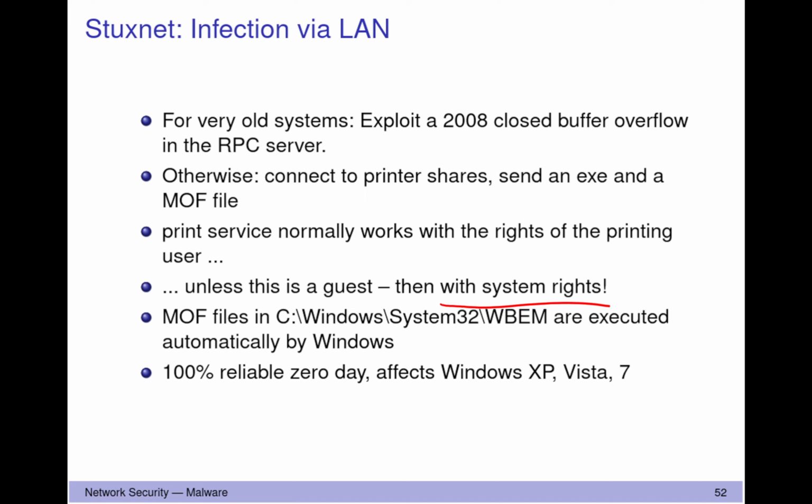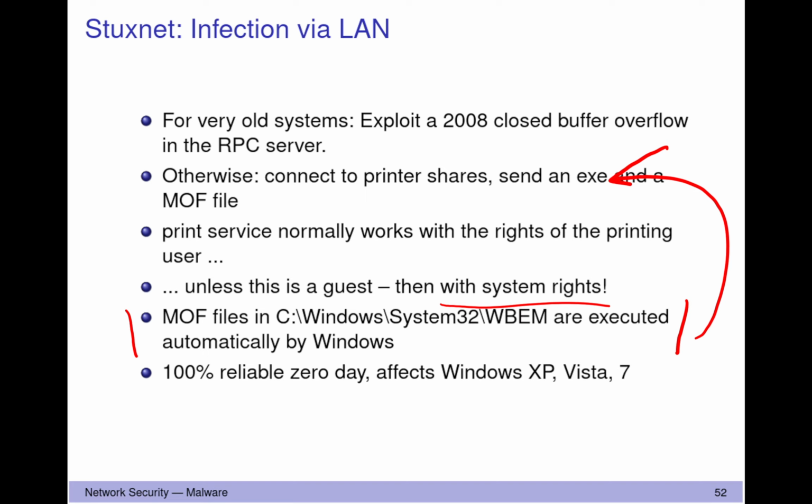So this file was executed automatically, executing that exe file that was provided there, and that was also not known, that this printer sharing can be used to basically start a remote machine to execute a file of your choice.